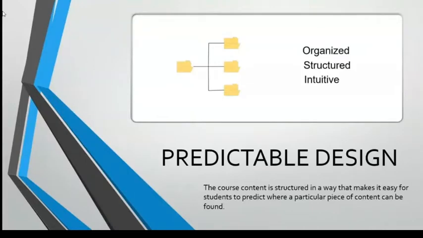You design the content of the course in a structured way, so that it makes it easy for students to predict where they can find a particular piece of content. And that is basically using a folder system, just like you have on your Windows laptops or computers.